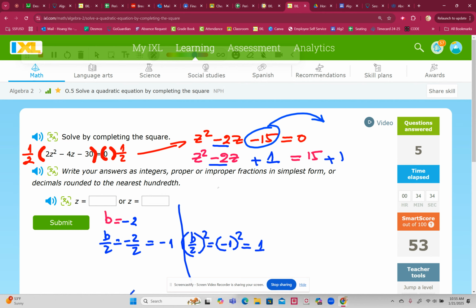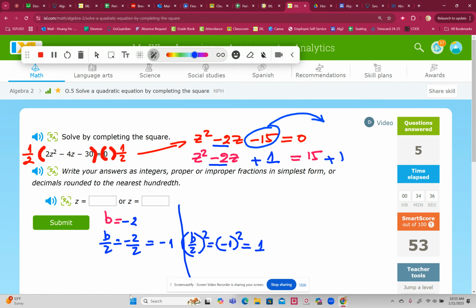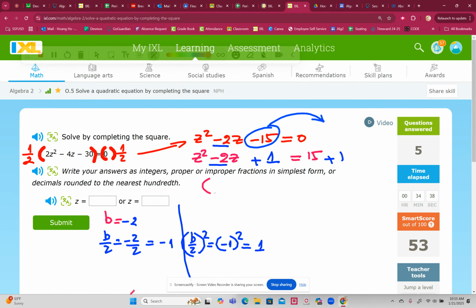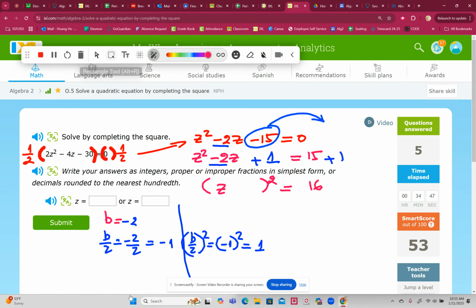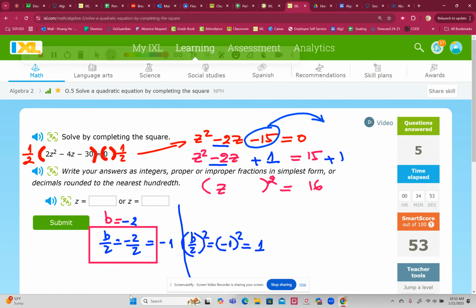So what's the perfect square on the left side, Sophie? What is it? z is right here. What number should be right there? No, oh my God, no. b over 2. How hard can that be?